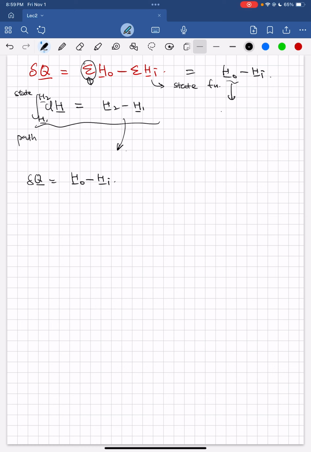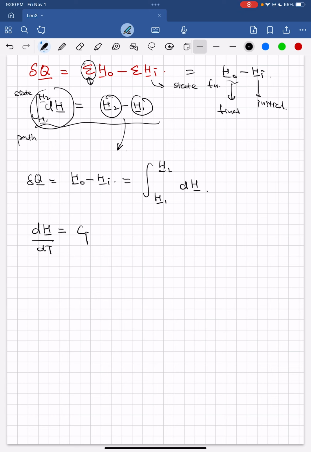Of course, this is final state, initial state. We just plug in H2, H1, dH, and we derived already that this is Cp. You recall that, right? We just derived it. So it will be like this, T1, T2. Now it's easy, right?